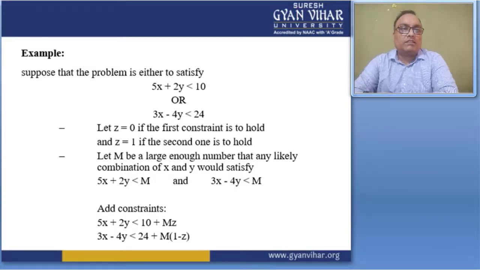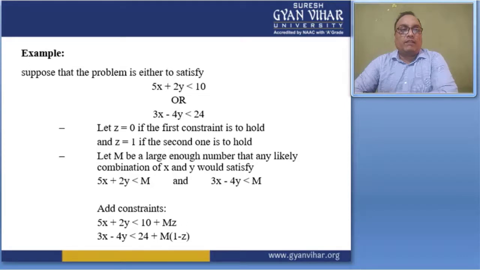Let M be a large enough number that any likely combination of x and y would satisfy. So for this case, 5x plus 2y less than M and 3x minus 4y less than M, and add constraints 5x plus 2y less than 10 plus Mz and 3x minus 4y less than 24 plus M(1 minus z).